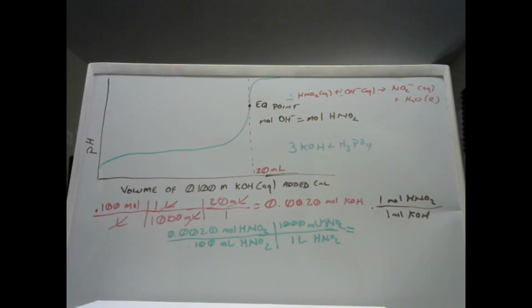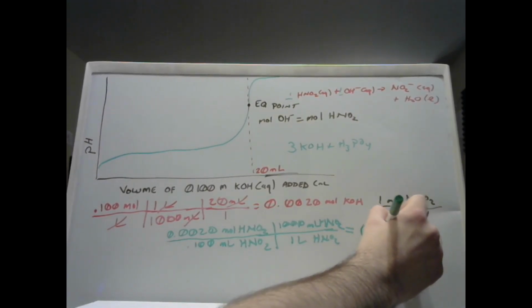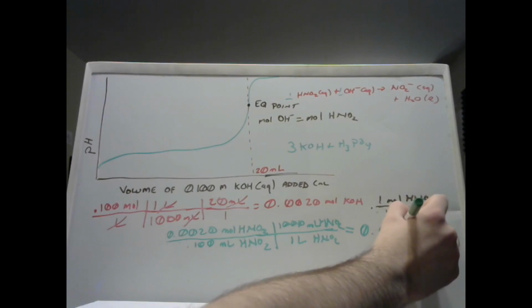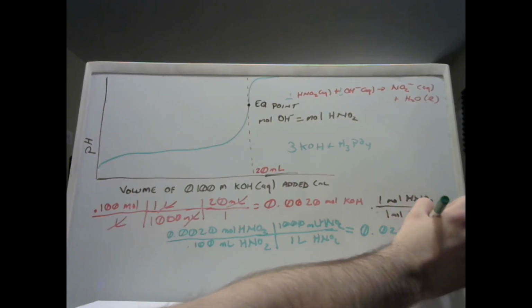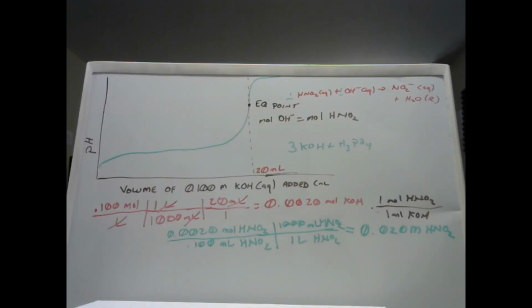And do that math out, and you should get 0.020 molar HNO2. And there you go. That is how you find the concentration.